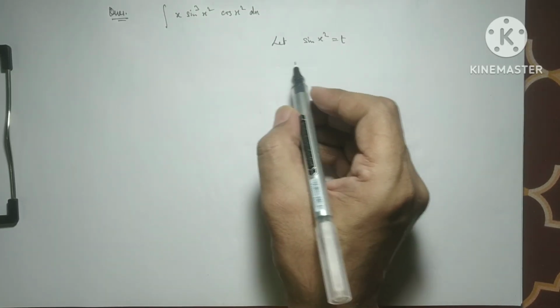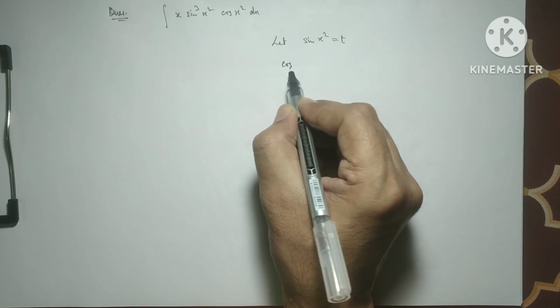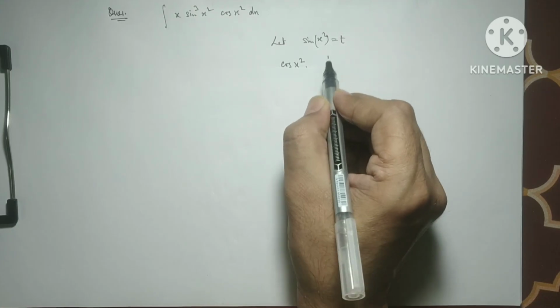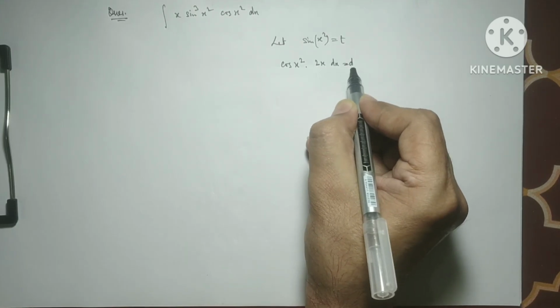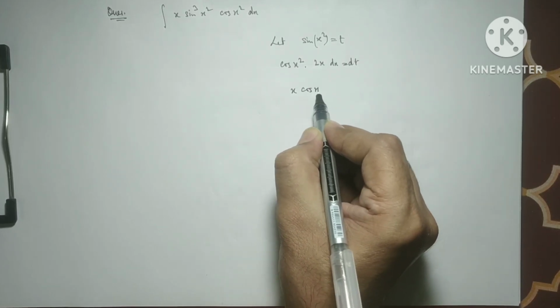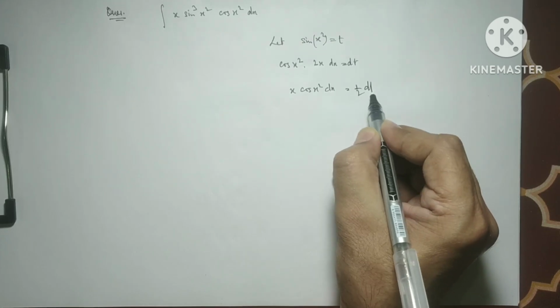So on differentiation, the differentiation of sin is cos, so it is cos x square, and the differentiation of x square is 2x, dx equals dt. So it is x cos x square dx will be half dt.